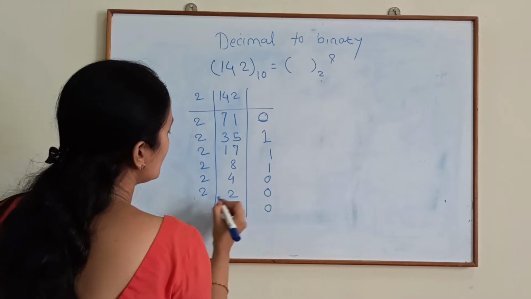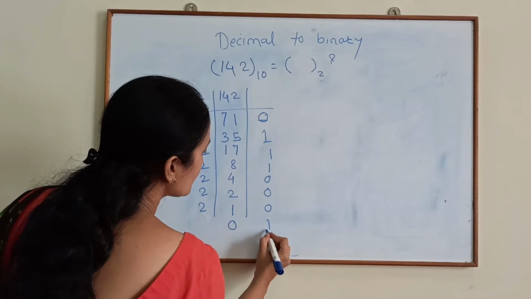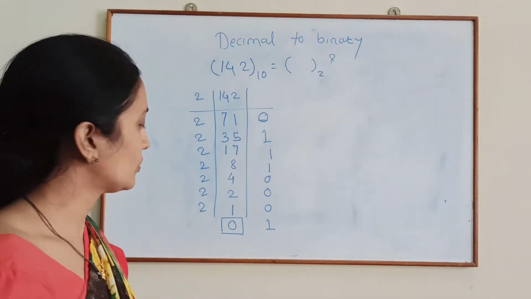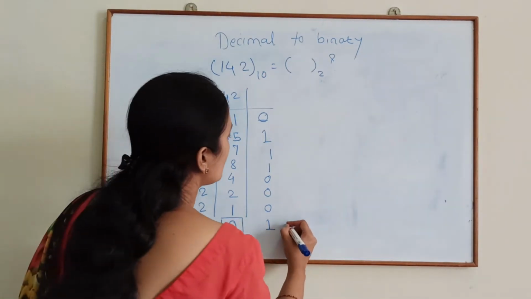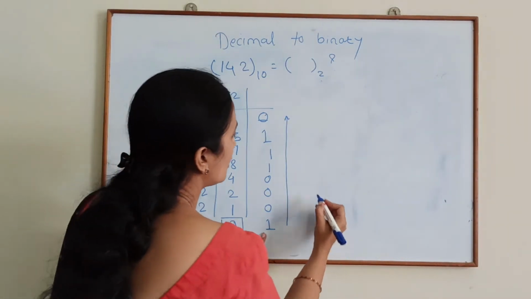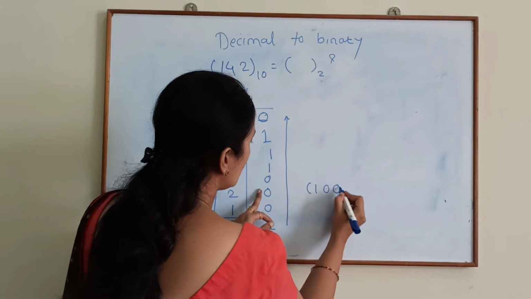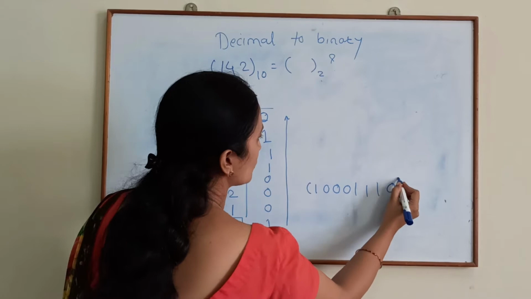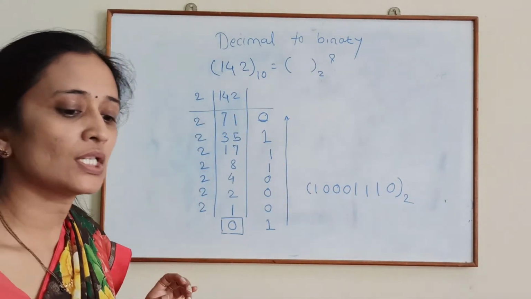Remainder is 0, and 2 zeros are 0. Remainder is 1. Here we have got quotient equal to 0. Here we have to stop dividing the number. And these remainders will form the binary number. Then how will the binary number be? 1 0 0 0 1 1 1 0. This is the binary equivalent of 142.